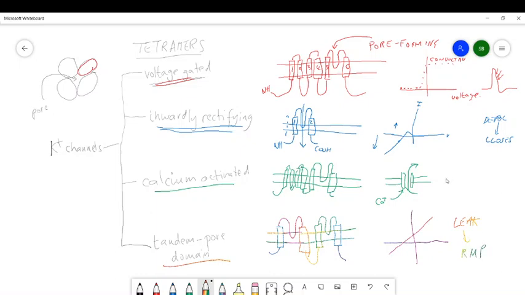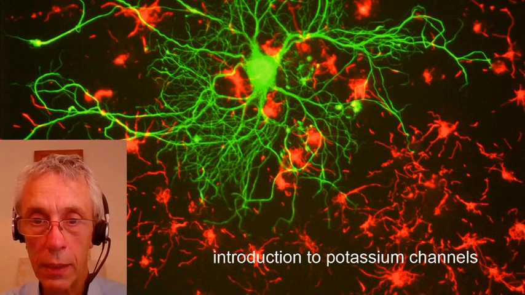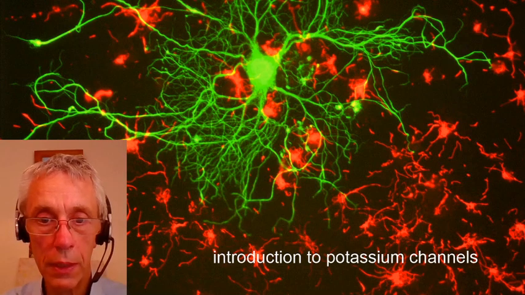These are also involved in responses to ligands, neurotransmitters, and in setting the resting membrane potential. So there we have the 4 types of potassium channel, and that concludes our introduction to these ion channels.